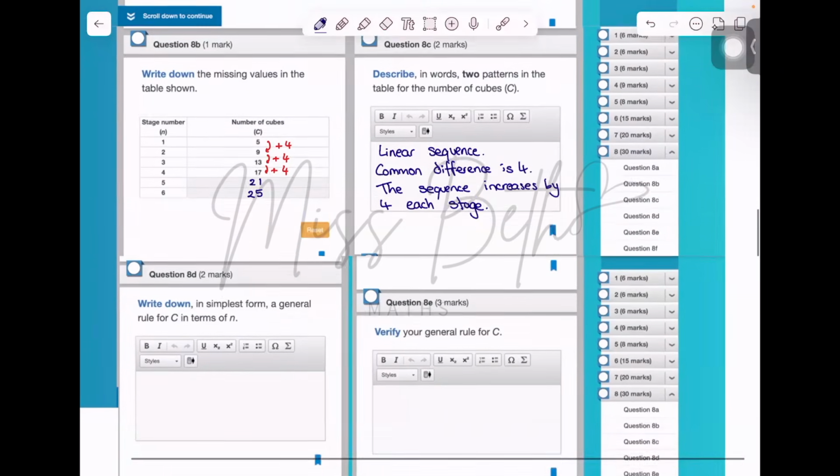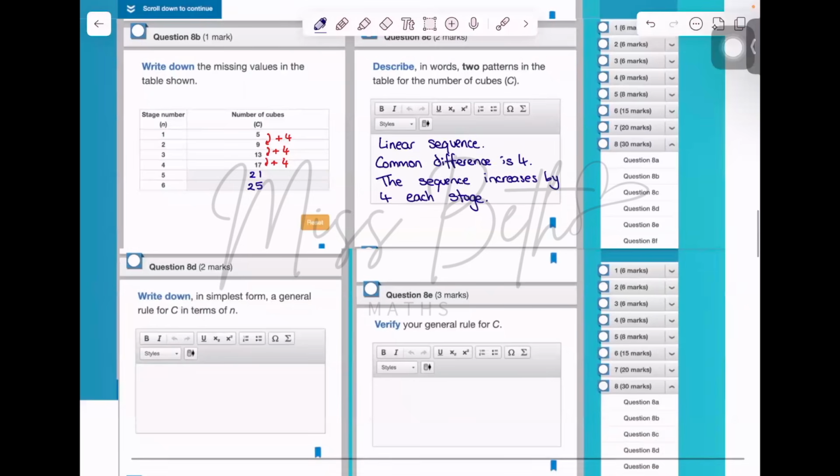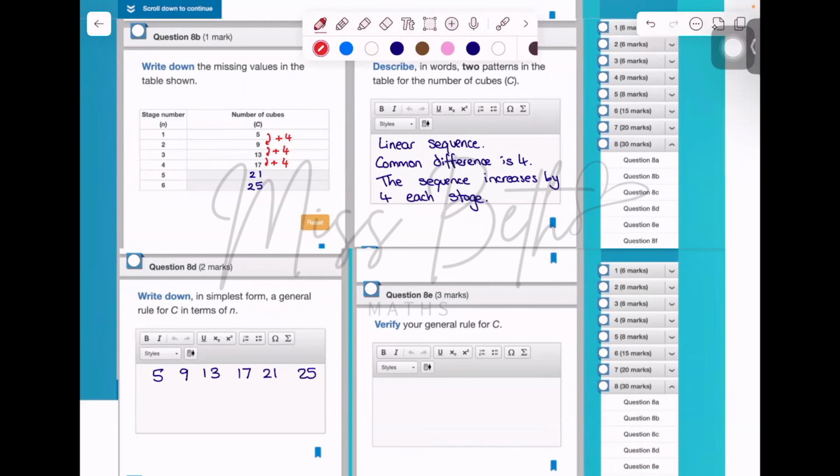Then we are asked to find a rule for C in terms of n. Just to show you how I do this, I'm going to write out my sequence: 5, 9, 13, 17, 21, 25. We've already said that this goes up by 4 each time, so we are adding 4.